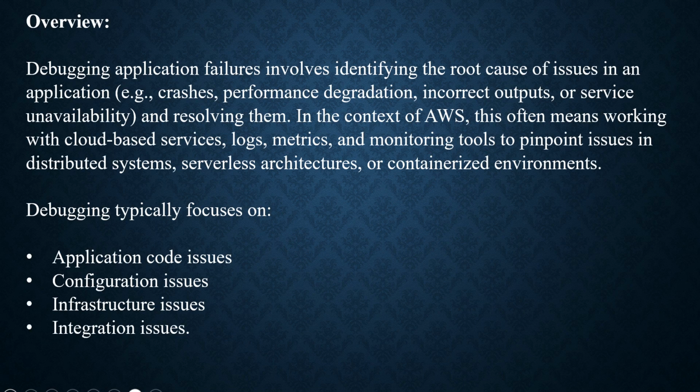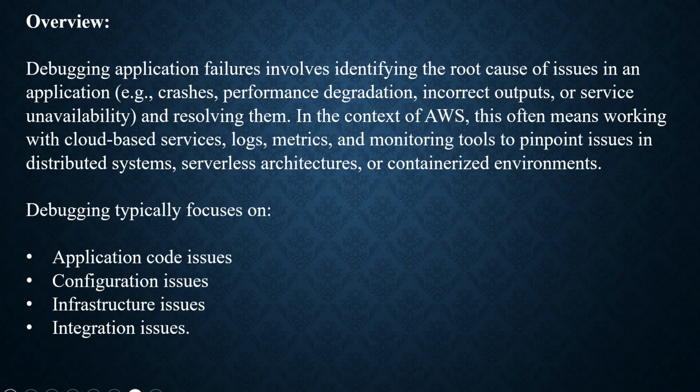First of all, we'll go with a brief introduction to debugging. Debugging application failures involves identifying the root cause of issues in an application, for example, crashes, performance degradation, incorrect outputs, or service unavailability, and resolving them.